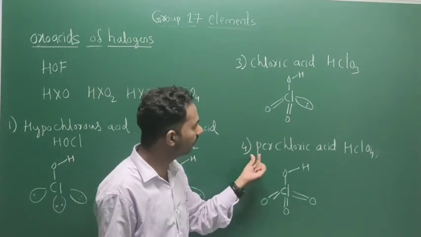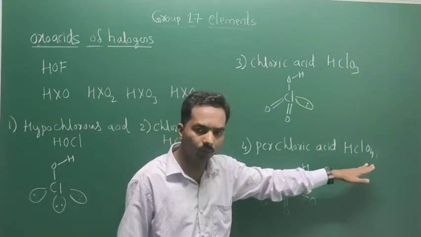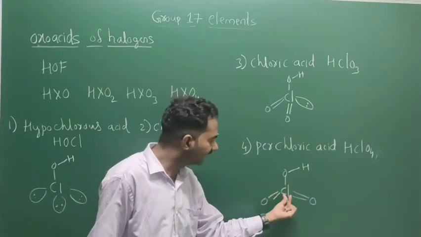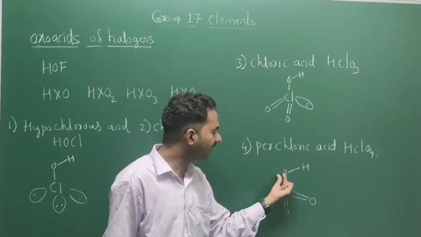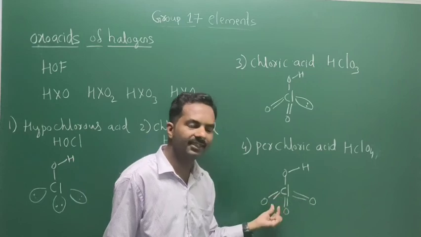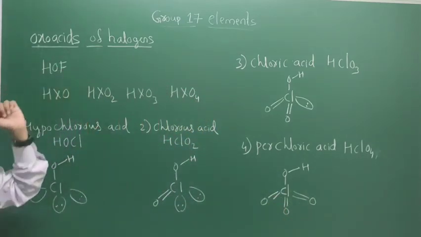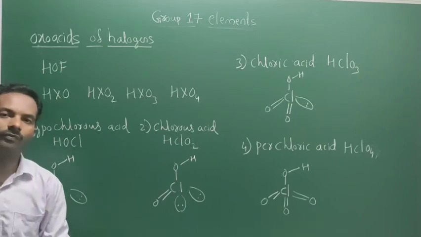So next, fourth one, perchloric acid, formula HClO4. So in this structure, Cl is bonded with 1 OH bond and 3 Cl double bond O. So here this is about the oxoacids of halogen.